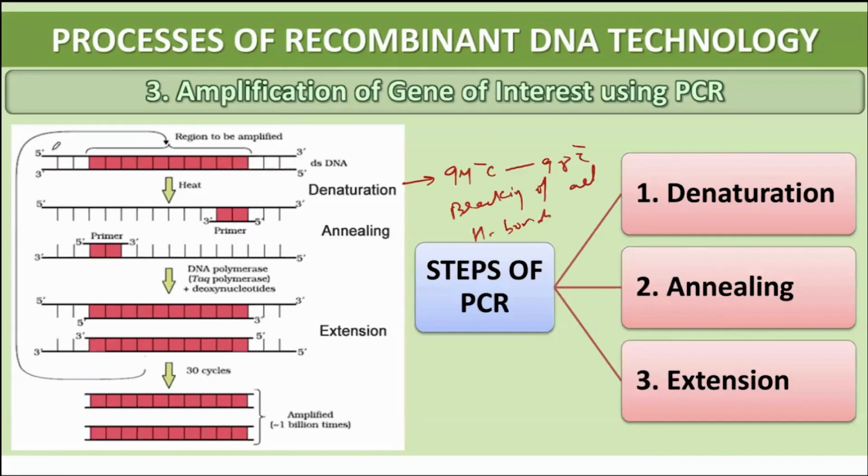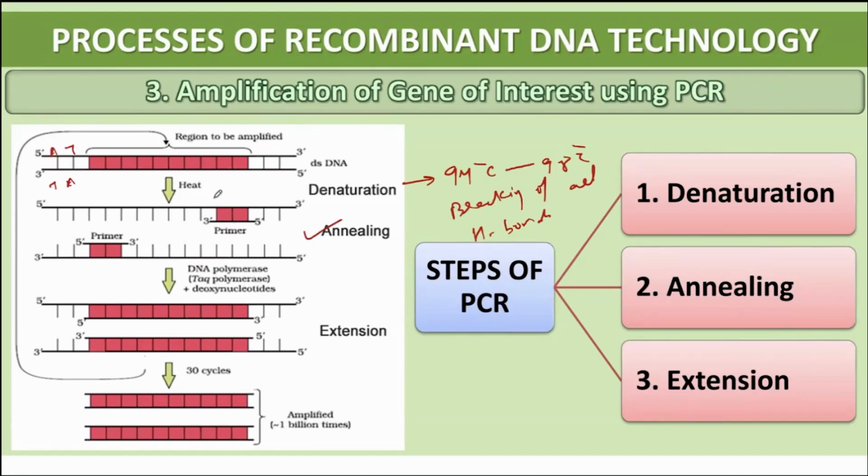All the base pairs are bound together by hydrogen bonds. So once I increase the temperature to between 94 and 98, all the hydrogen bonds will break and the strands will separate. And once they separate, we have the annealing step, wherein the primers will go and bind to the complementary DNA.